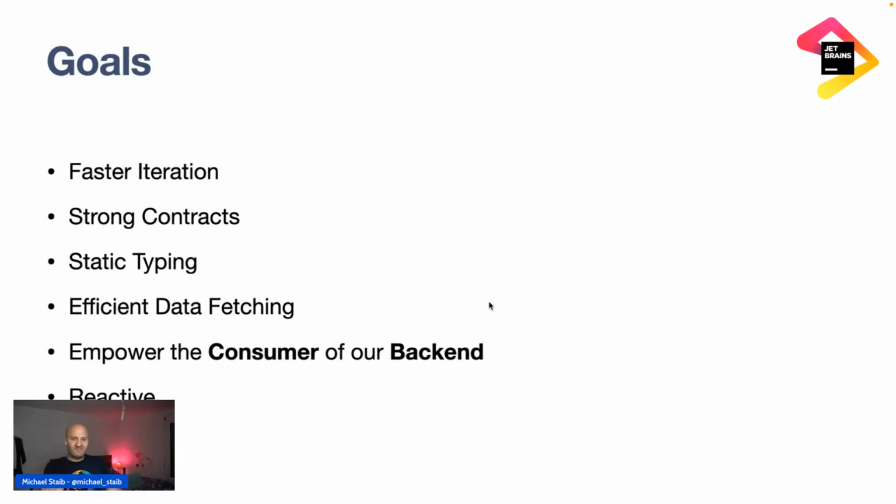Then we want efficient data fetching, like with GraphQL, and we want to empower our consumer of our backend. And that is really important because our consumer in GraphQL, the front-end developer, is very precious. I sometimes joke about it, but it makes the relationship between front-end and back-end developers much better.